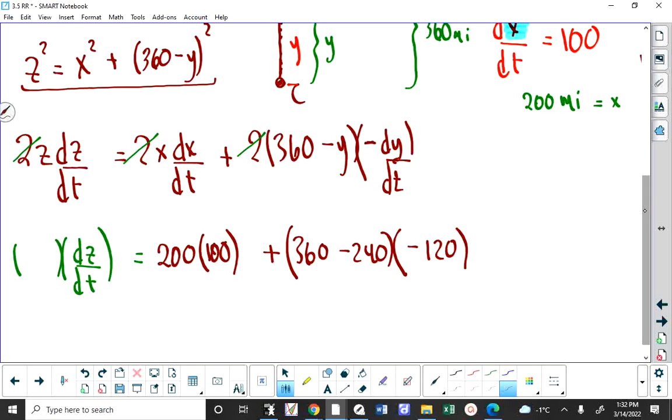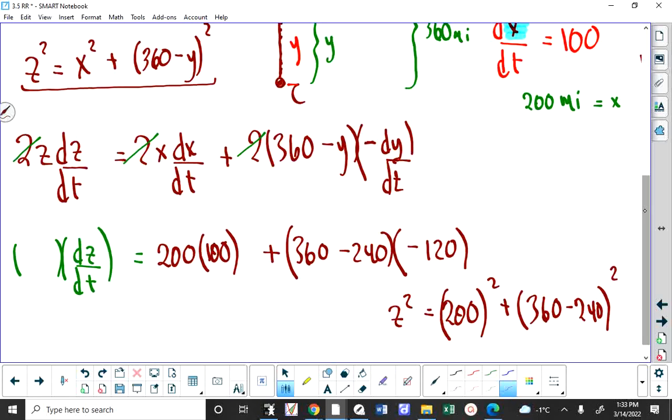We're going to put the x and the y into that equation of z squared equals x squared, which is 200, plus 360 minus y squared. y squared was 240. And then we can find z squared, and take the square root to find z.